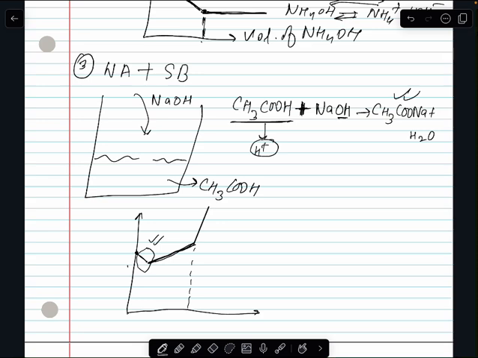It will increase till the equivalence point with a lesser slope, and then the slope of the graph will drastically increase because now what we are introducing in the solution is OH minus ion, and the conductivity will certainly increase. So these were the basic graphs that are present.